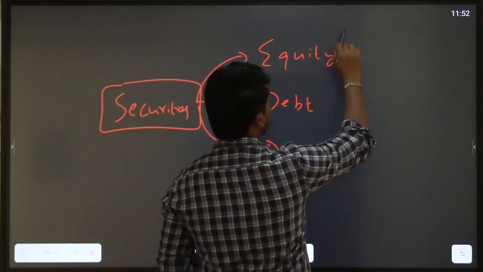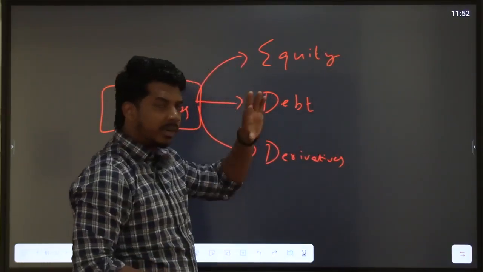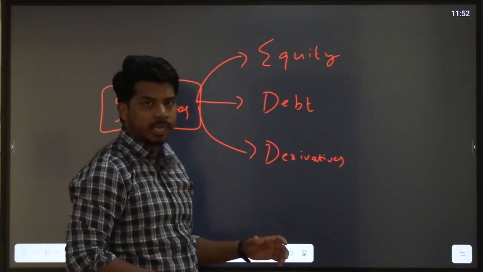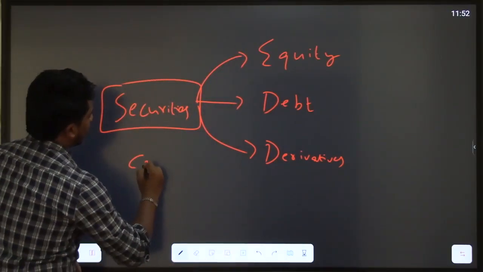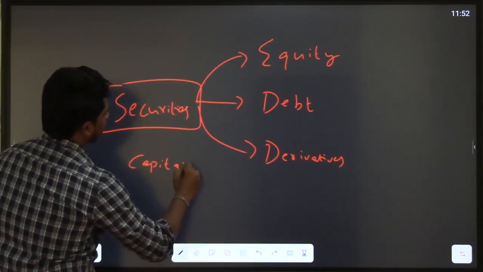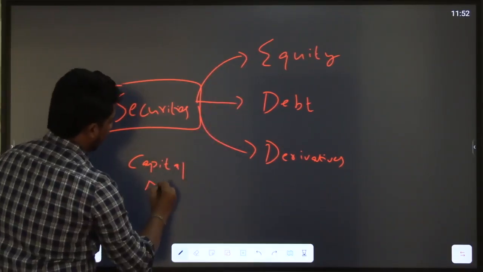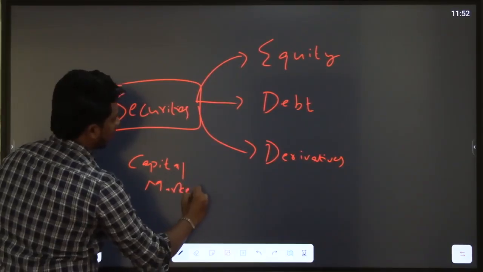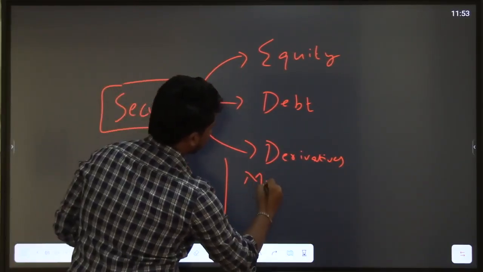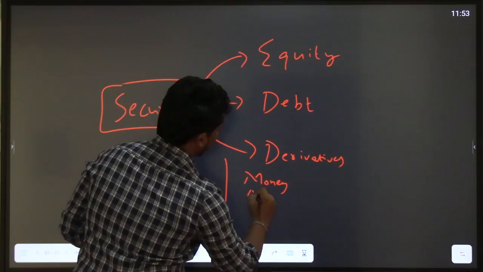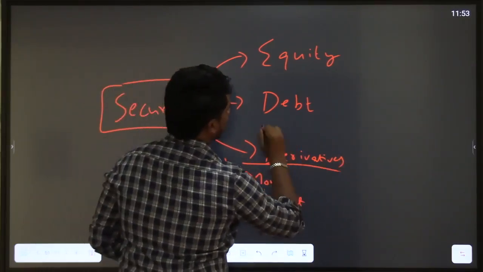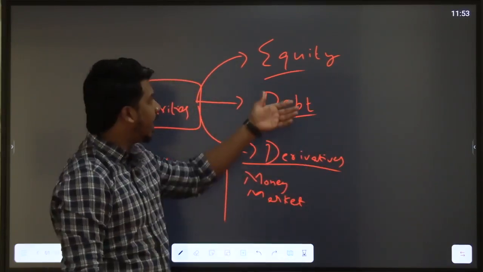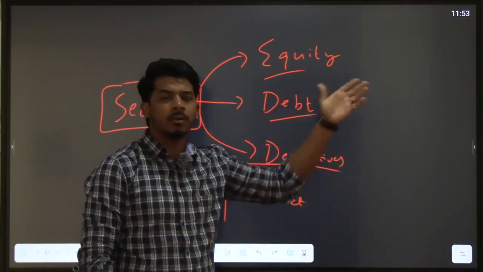Now this market is further divided into two. All of the securities you can divide into two markets. One is the capital market. Another one is the money market. Basically all of these are agreements. I will have ownership, for how long will you have ownership?